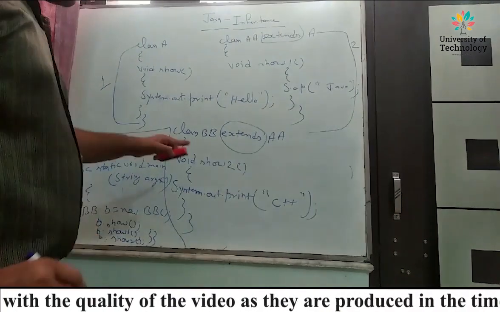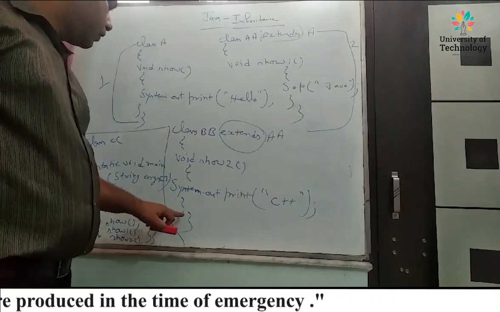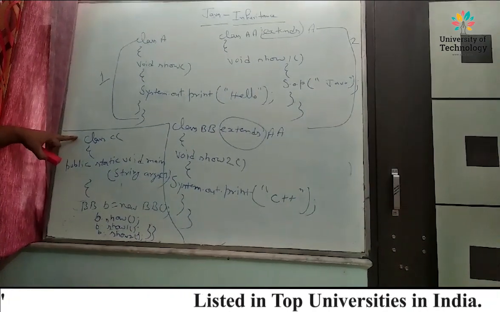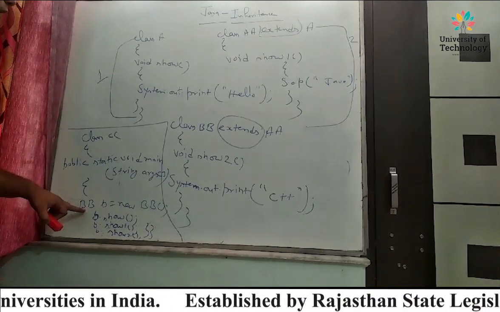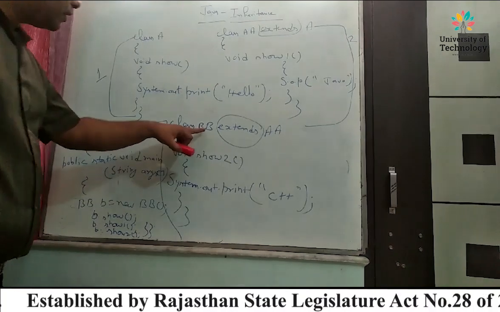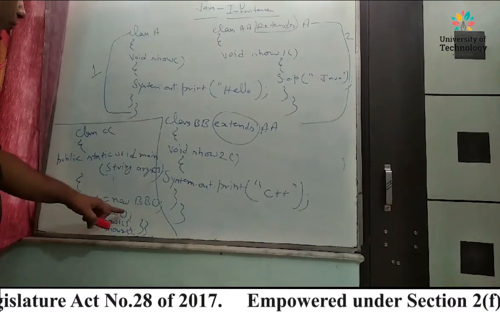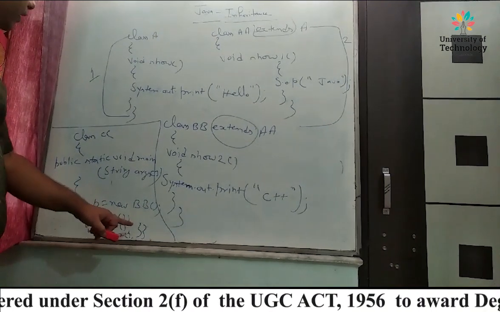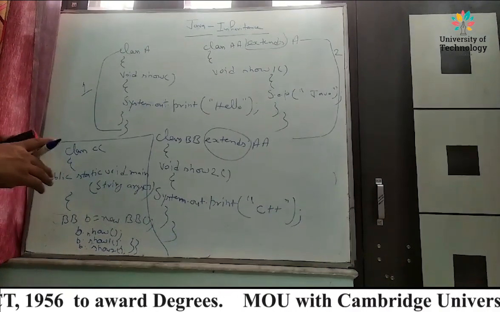Next, the method prints a message, and we close the curly braces. After that we made the main class and main method. We create an object of class BB: BB b equal to new BB, b.show1, b.show2, and close the curly braces. So this is called multi-level inheritance.